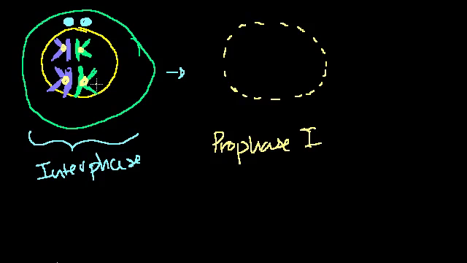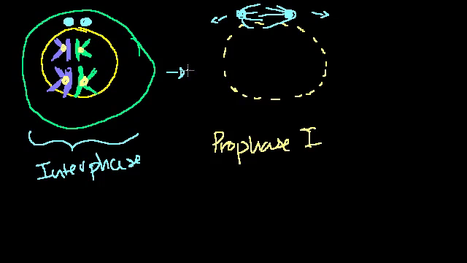The centromeres are these things connecting the sister chromatids. But the centrosomes start facilitating the development of the spindles, and they start pushing apart and going to opposite sides of the chromosomes.